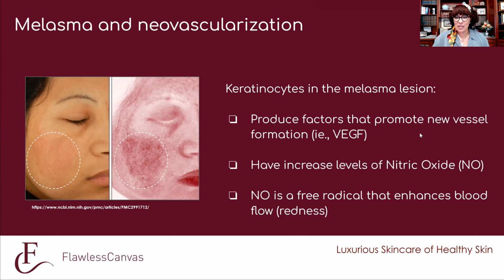It has been shown that keratinocytes in melasma lesions produce factors that promote this new growth of vessels, such as VEGF. And they also have an increased level of nitric oxide. So nitric oxide is a free radical. It's a fantastic molecule. I love nitric oxide, which, when it's produced in very, very small amounts, allows you to control the blood flow in your vessels.